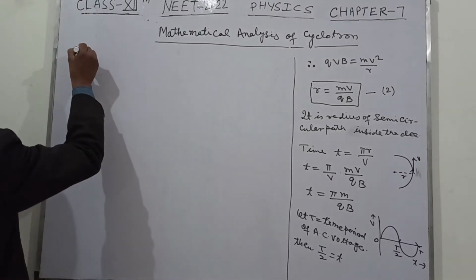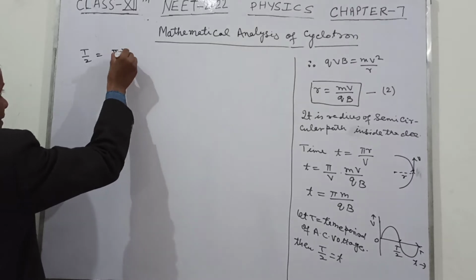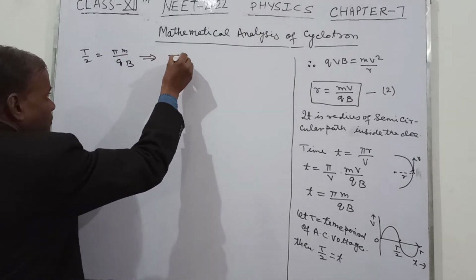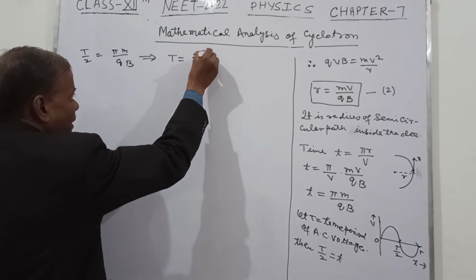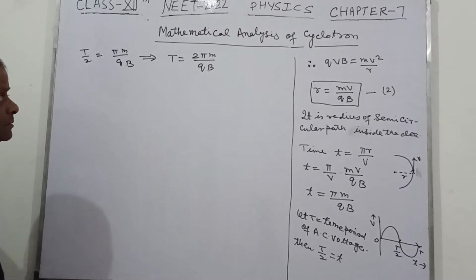So this T upon 2 is equal to pi m upon QB, which gives T equal to 2 pi m upon QB. This is the time period.